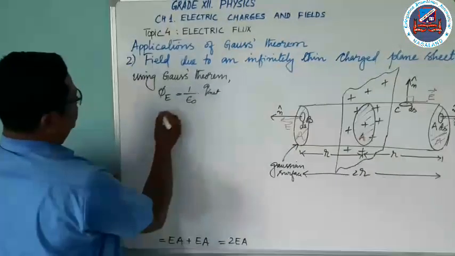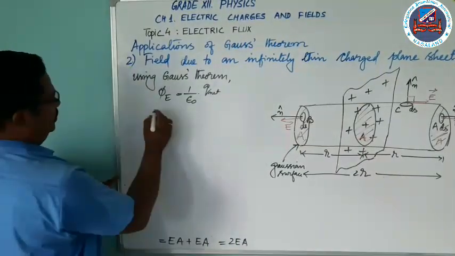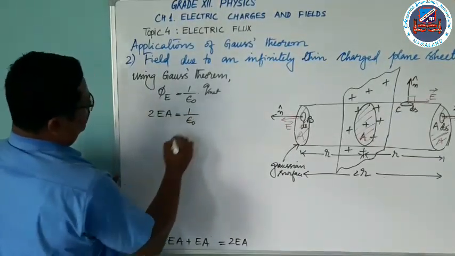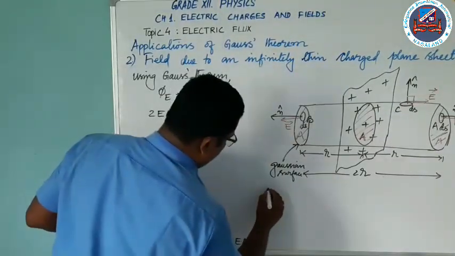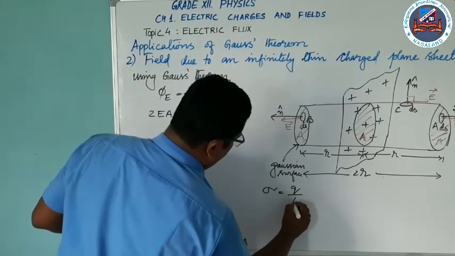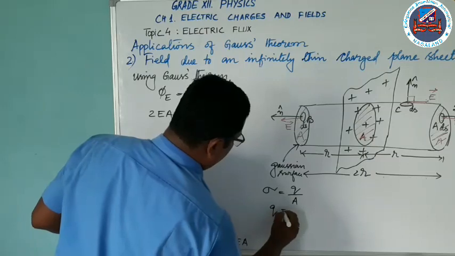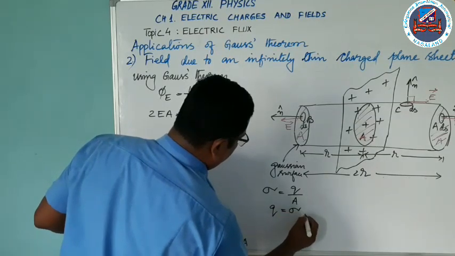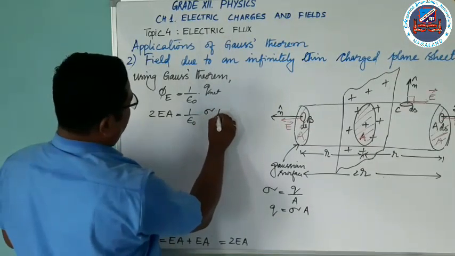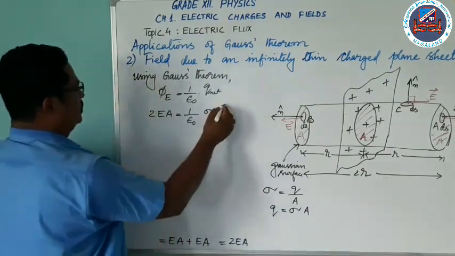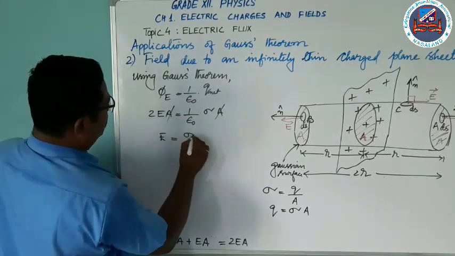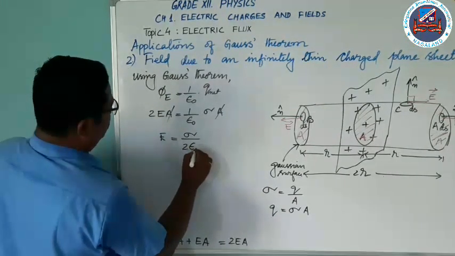The net flux, we got it as 2EA. The net charge here: the surface charge density is equal to charge per unit area. So charge is equal to surface charge density into area. So we write surface charge density into area. This area will get cancelled. Then you will get E is equal to sigma divided by 2 epsilon naught.